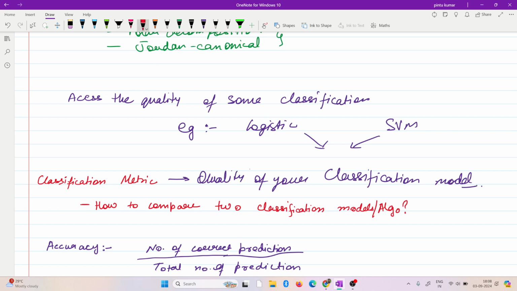Also, one more small thing: you can also compare, let's say, two models you train. Model one, you train logistic regression with some hyperparameter.